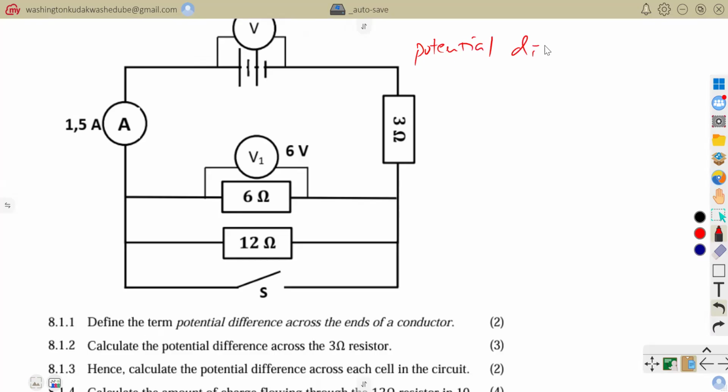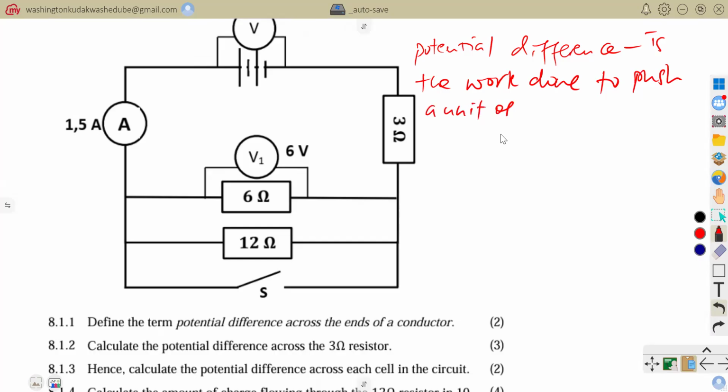So we know that potential difference is the energy transferred, or else is the total work done, is the work done to push a unit of charge across a conductor.